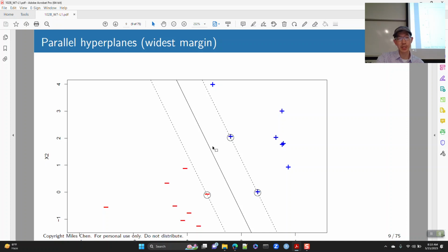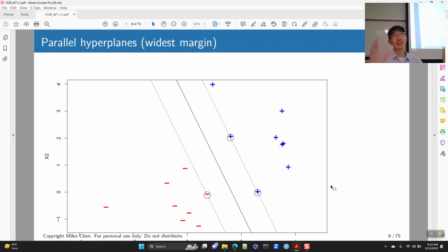Measuring the perpendicular distance from this dot to the boundary, and this dot, and this dot, they're all the same. So these are the 3 points with the smallest distance to the boundary. These are our 3 support vectors.